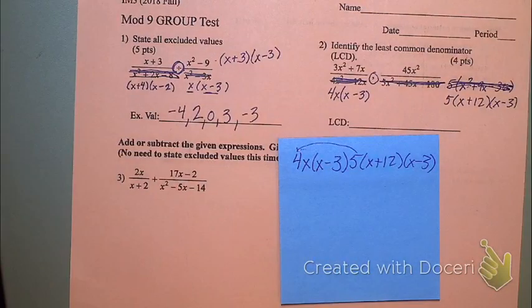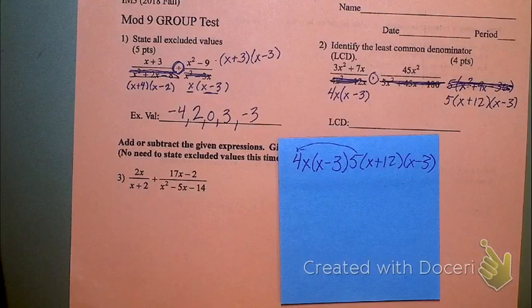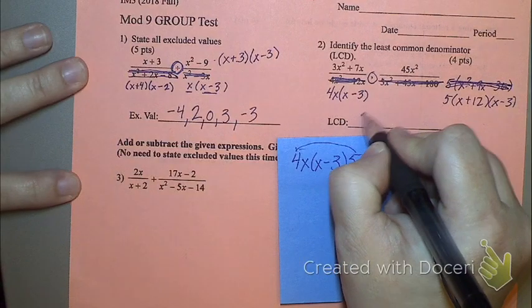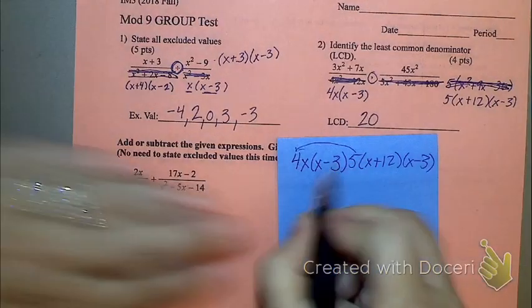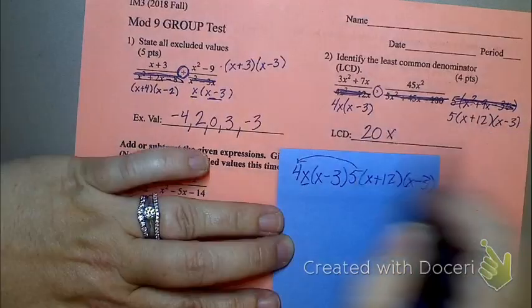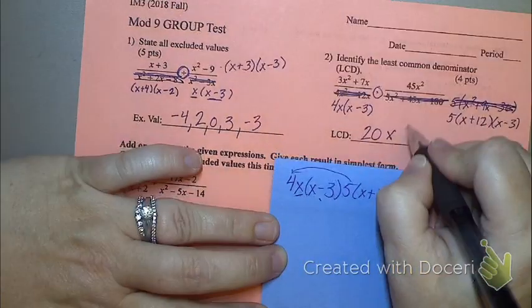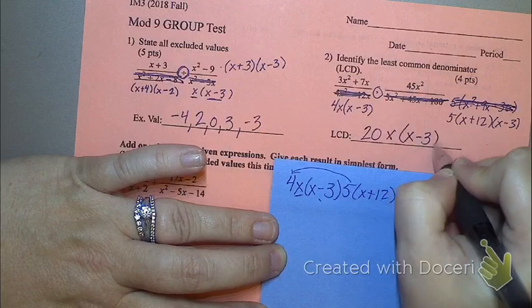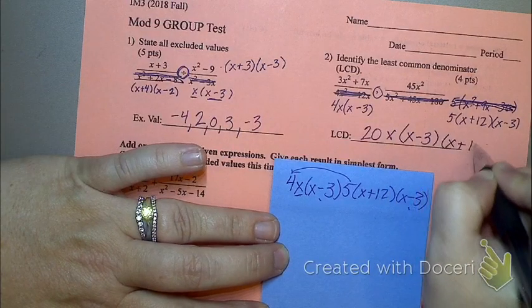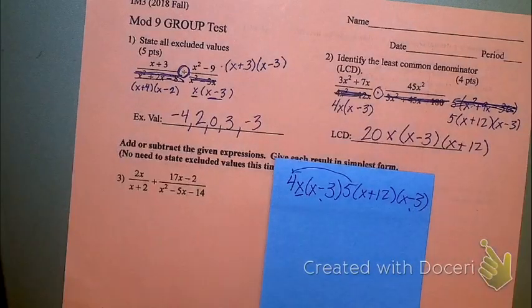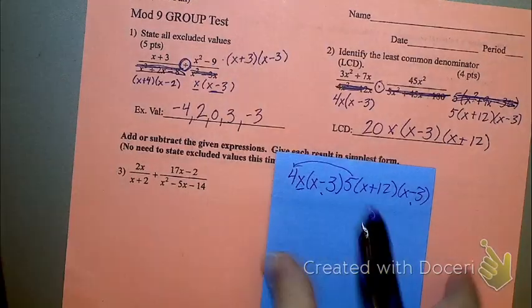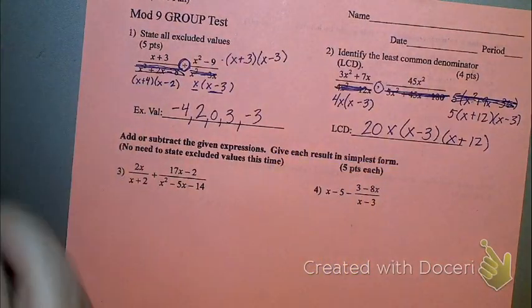Or look at the 4 and 5, I should say, and get the common denominator, which in this case is 20. And then you have an x also. But if you have an x minus 3 in this denominator and an x minus 3 in that one, you only have to write it once. Right? That's my LCD. This is a common denominator, but it's not the least common denominator.